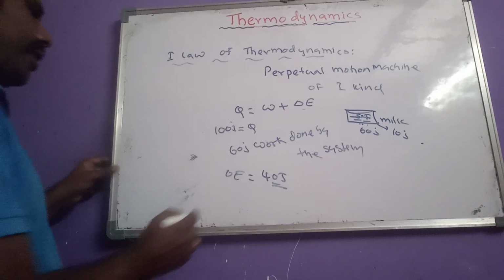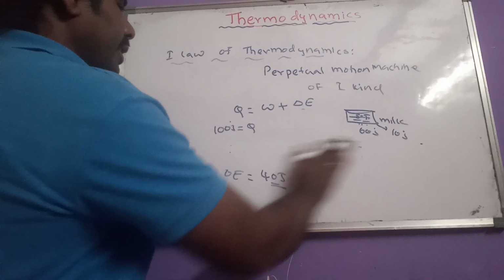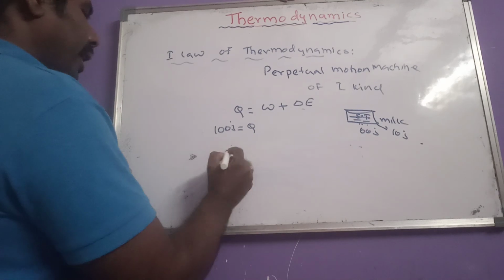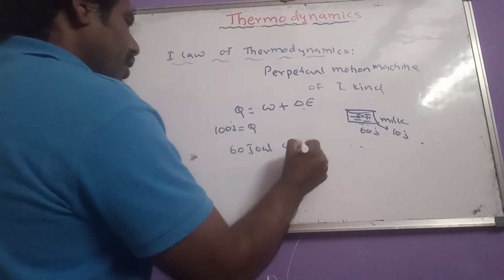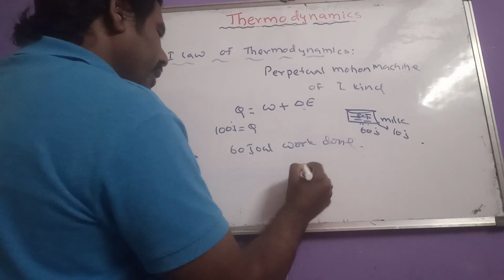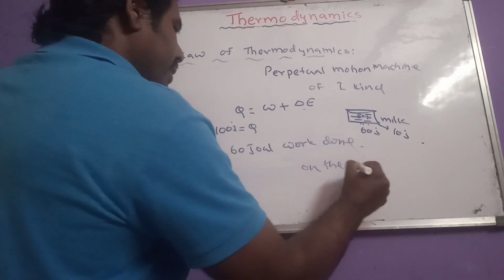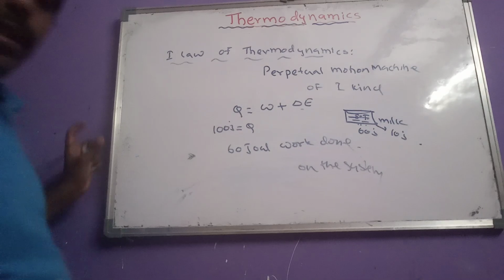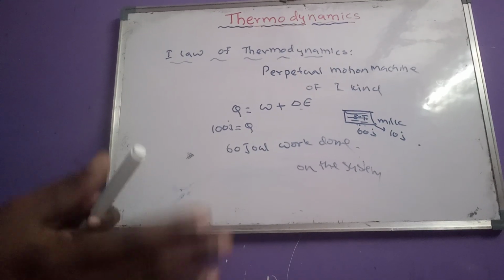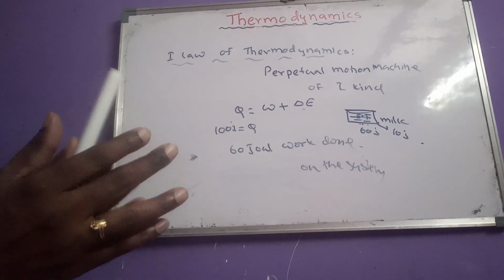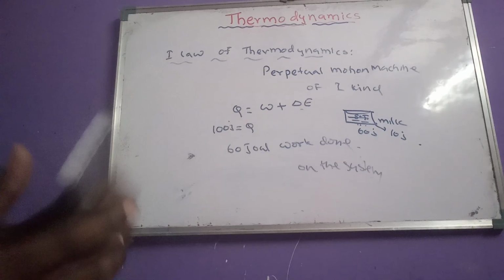But in the same question, 100 joules of energy is given to the system and 60 joules of work is done on the system. If the work is done by the system, it is considered a loss of that energy.